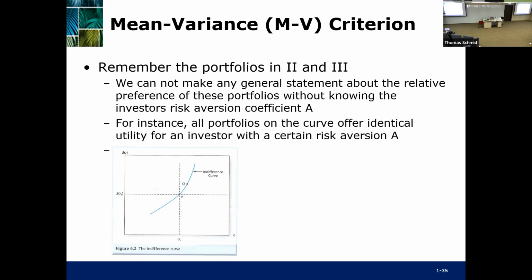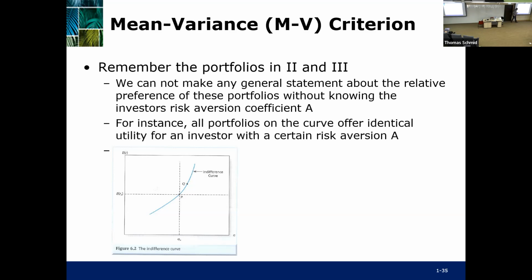How can we find this indifference curve? Well, basically brute force. You take every risk-return combination in areas 2 and 3, calculate the utility score for the specific investor, and then you connect all of them with P that have the same utility as P. Very simple. You calculate the utilities of all the investment opportunities in these areas, and then you connect those that have the same utility. That's how we come up with this indifference curve.